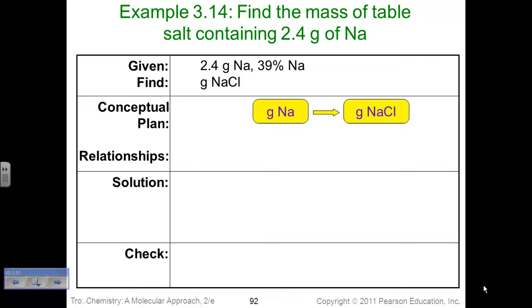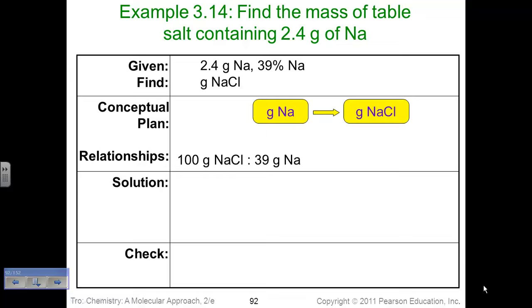If sodium has an atomic weight of 22.99, I'm sorry, chlorine has an atomic weight of 35.45. The sum, the total weight of our compound, would give us the mass percentage of sodium of 39%.